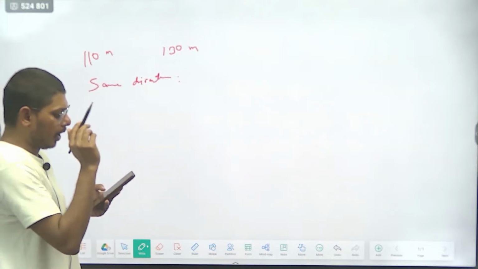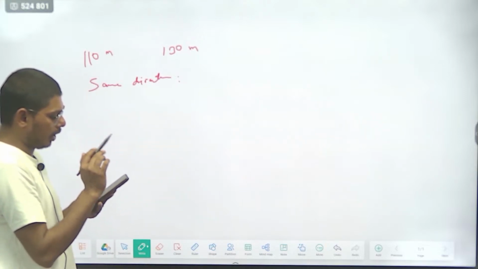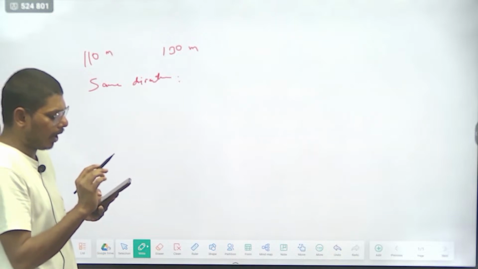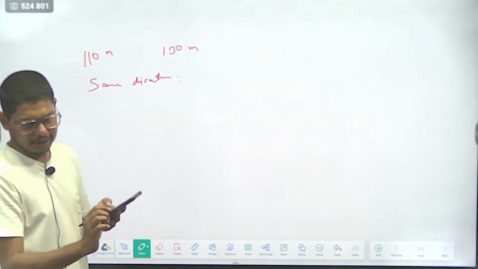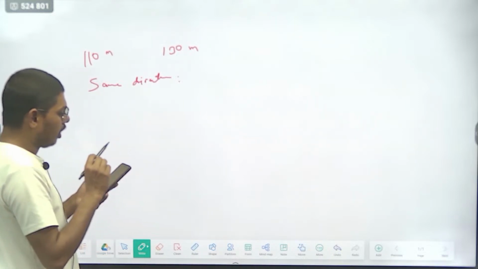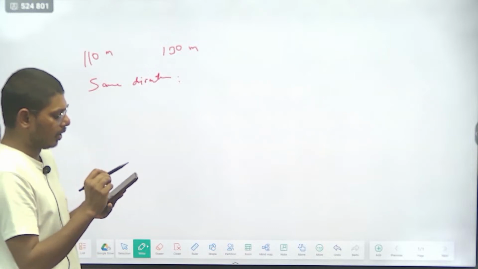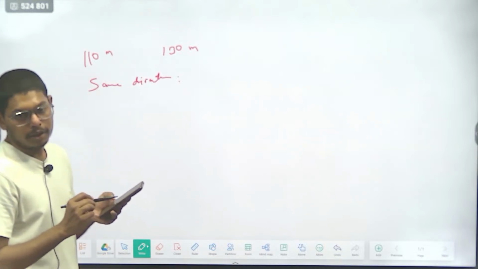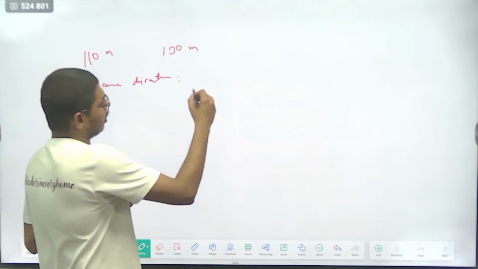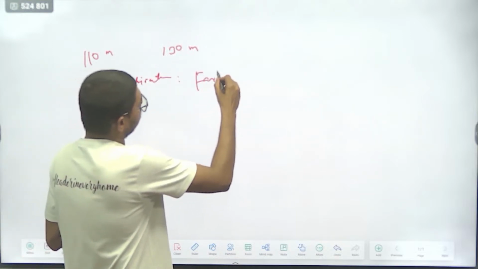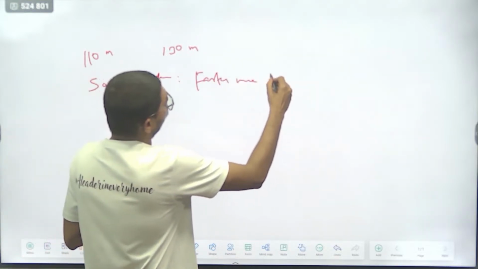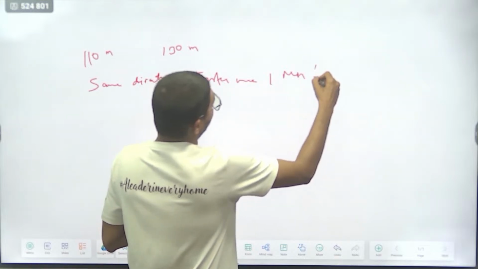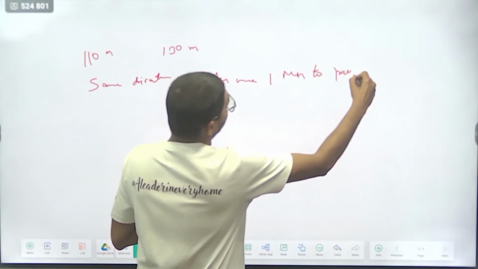Two trains of length 100 meters and 130 meters travel on parallel tracks. If they move in the same direction, the faster one takes 1 minute to pass the other completely.